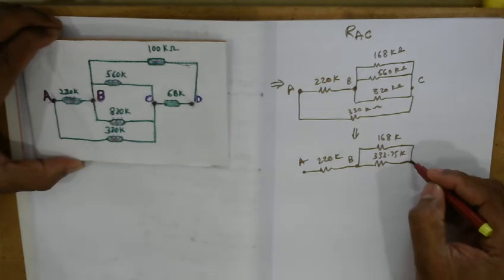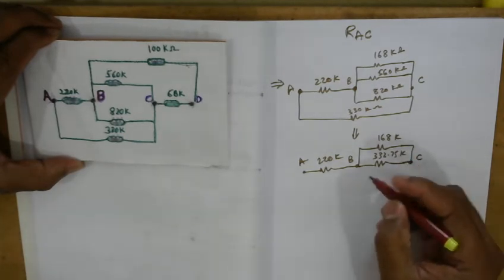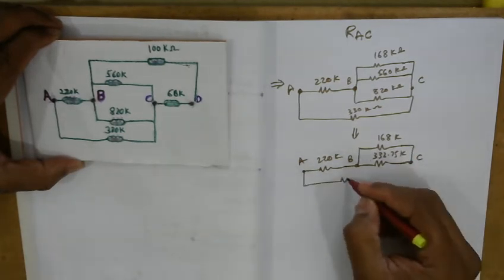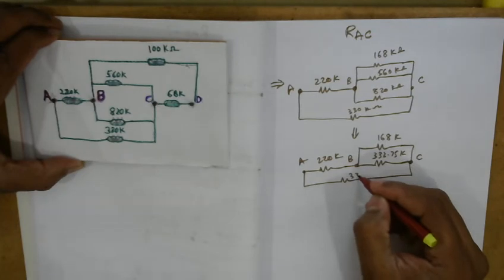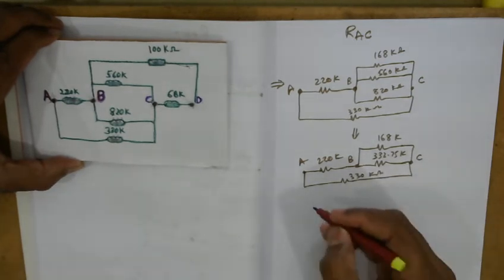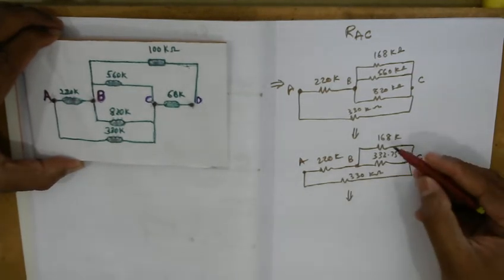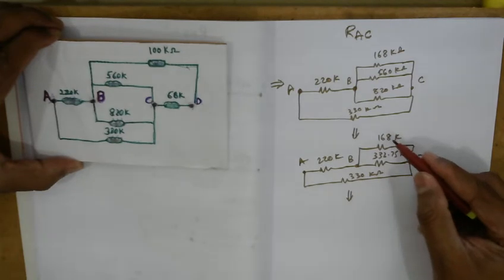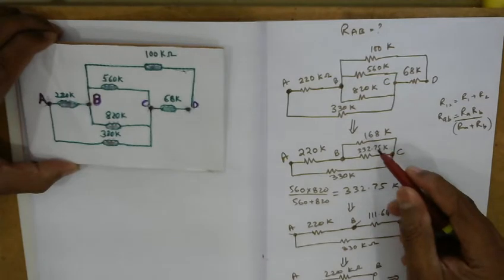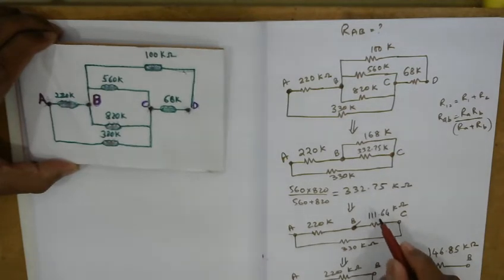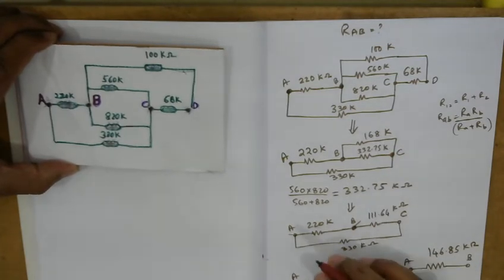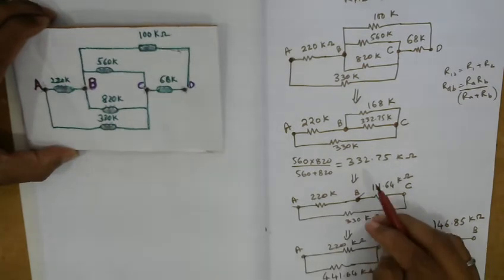In fact, we also did this combination. So let's go back to that. Now in the next step, I will do the parallel combination of 168 with 332.75, which was also done in the previous video. So we got 111.64.